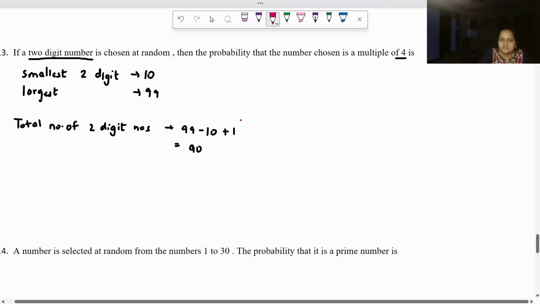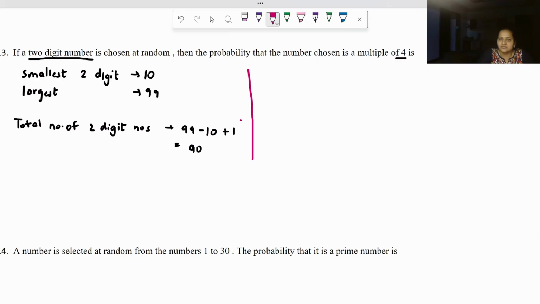Our set of two-digit numbers will start with 10, 11, 12, 13, 14, 15, 16, 17, and so on up to 97, 98, 99. So from here we can make out that the smallest two-digit number is 10, but the smallest two-digit number which is a multiple of 4 is 12. Next, 16, and so on.